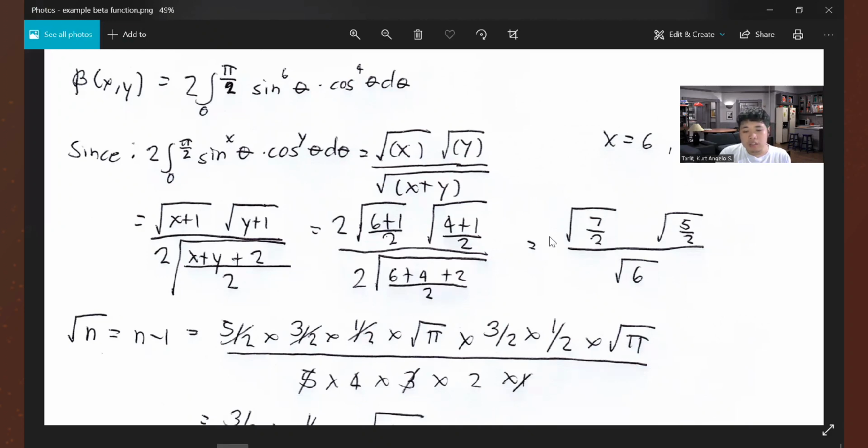From this, we will get gamma of 7 over 2, since 6 plus 1 is 7, and 10 over 2, and gamma of 5 over 2, since 4 plus 1 over 2 is equal to 5 over 2.